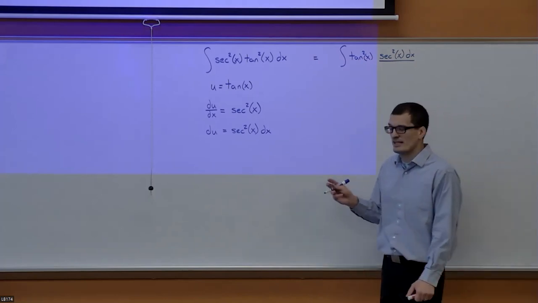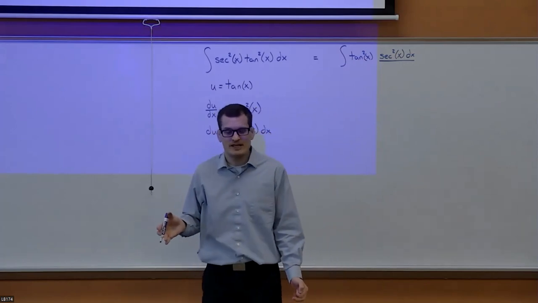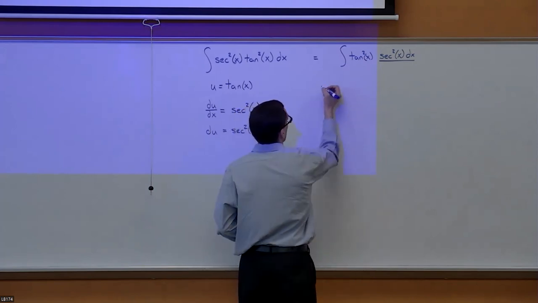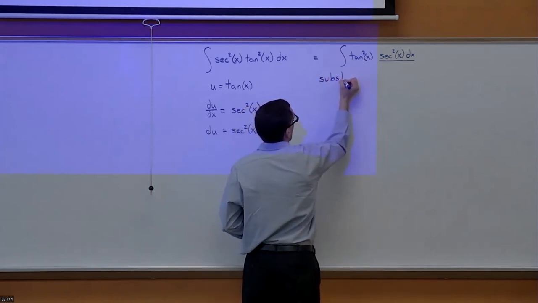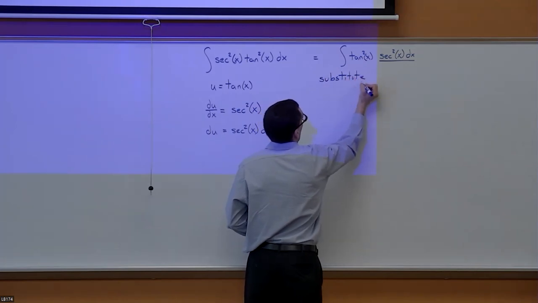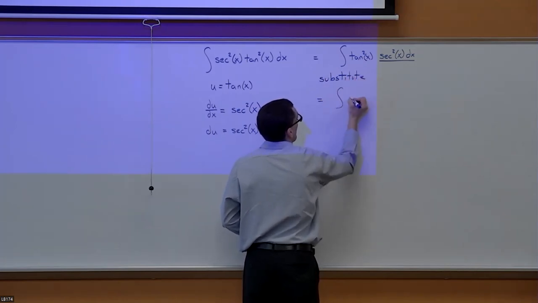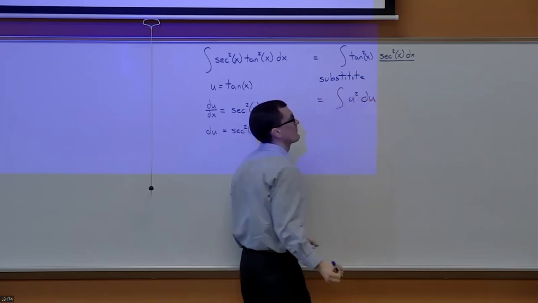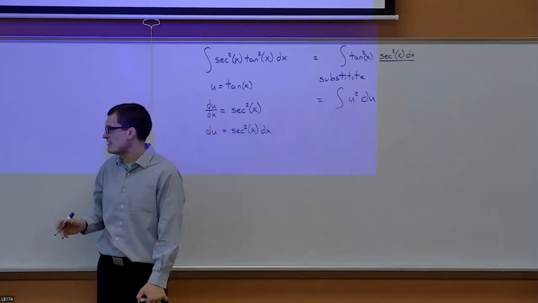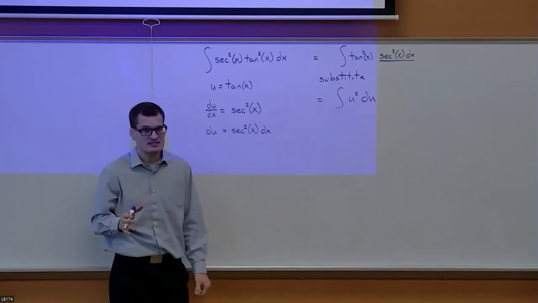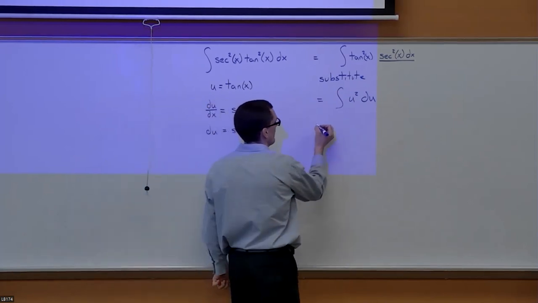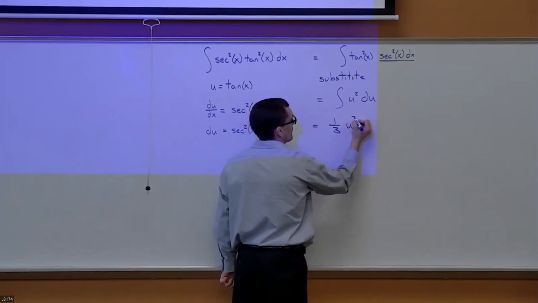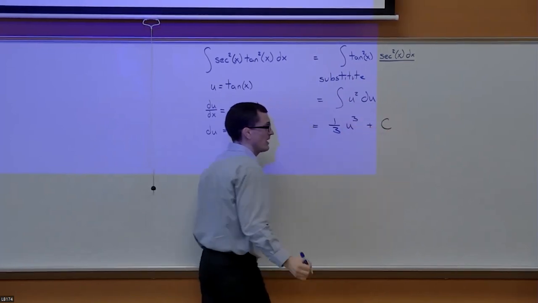And I don't have to do any fancy trig identity exchange here. I can simply substitute and get a u squared times du. Since I didn't have a fancy trig identity input in there, that becomes 1/3 u to the 3rd plus a constant.